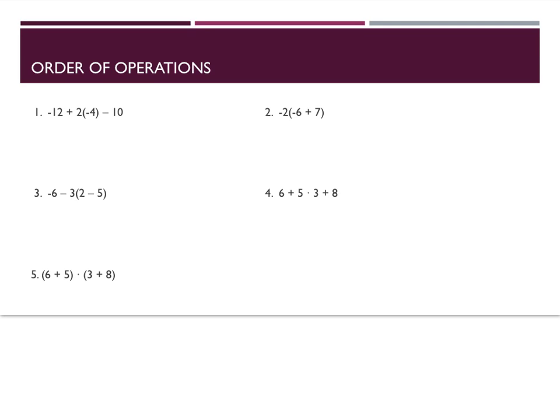Now, you can do these by hand, but again, we have technology, and we're not really worried that much about the arithmetic so much as we are being able to communicate what it is that we want someone else to do, in this case, our calculator. Our calculator is programmed to perform the order of operations if we tell it everything correctly.